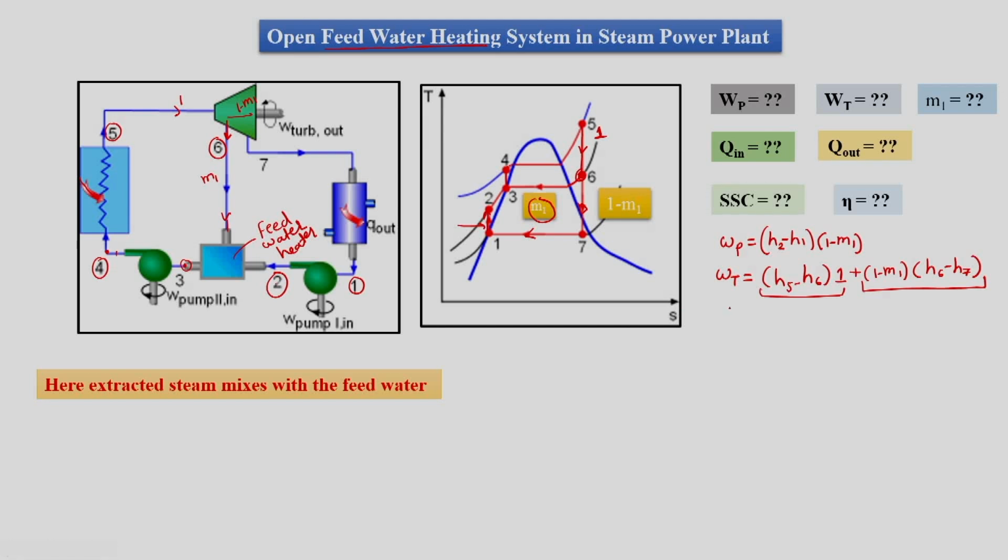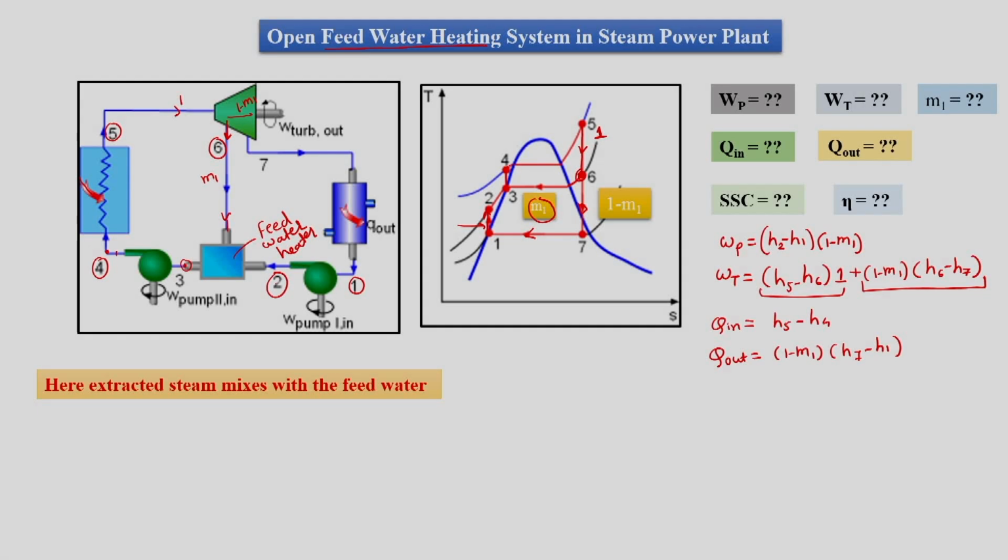Then we can find Q in equal to H5 minus H4, and Q out is 1 minus m1, since the condenser has received 1 minus m1 of mass, times H7 minus H1.